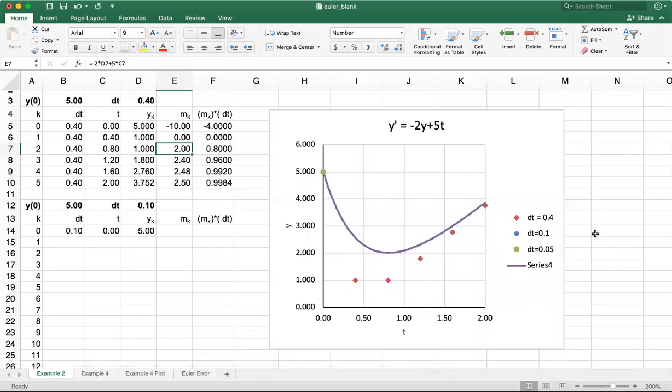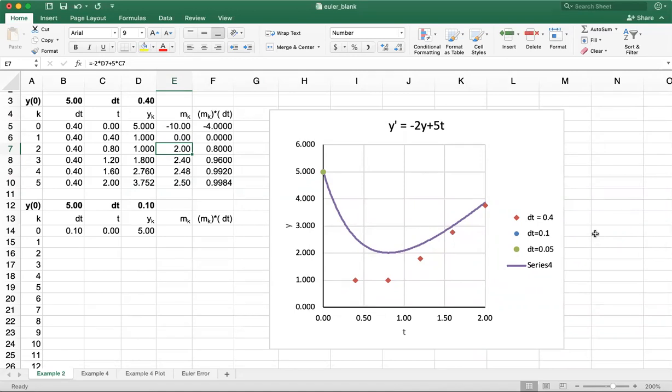In the graph, the purple line is actually the exact solution. This is a differential equation that we're not going to necessarily learn how to solve, or at least not solve efficiently, but this is a differential equation that can be solved. So I went ahead and put the exact solution into this graph. That's the purple curve.